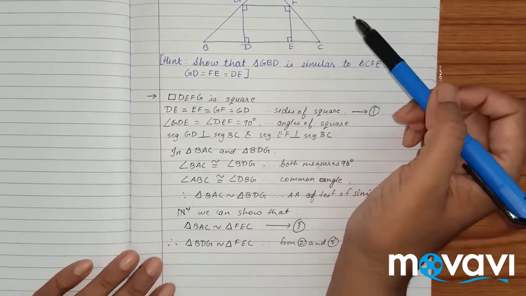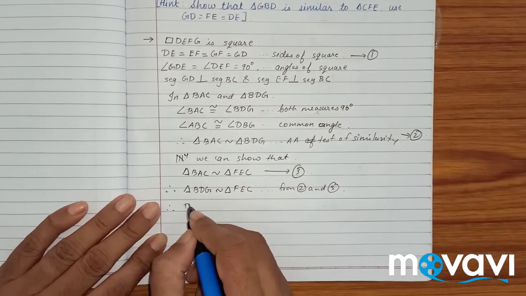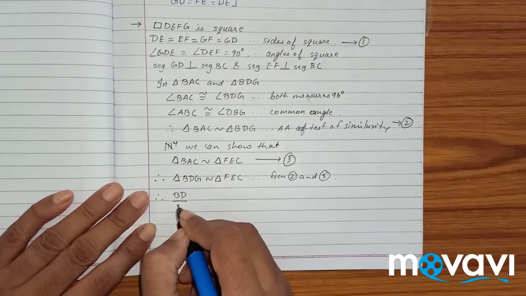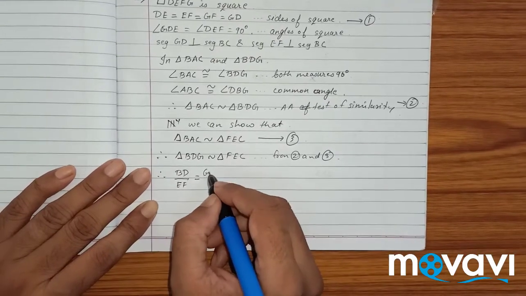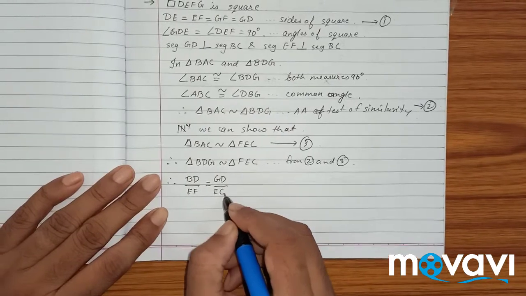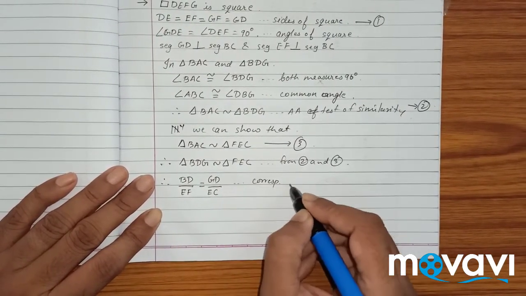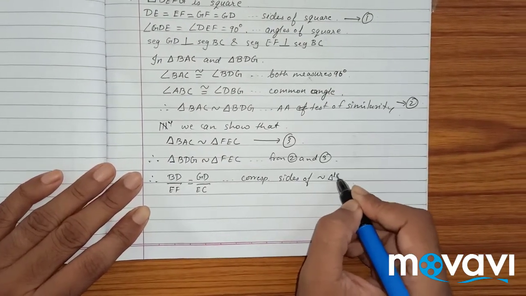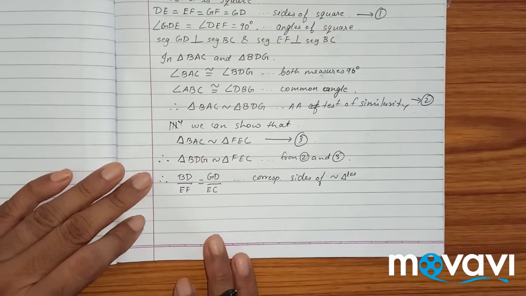Now I can write the ratio that I need, that is BD upon EF or FE is equal to GD upon EC or CE. The reason is corresponding sides of similar triangles. Now this is what I wanted.